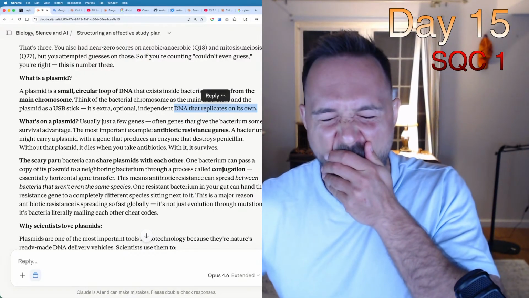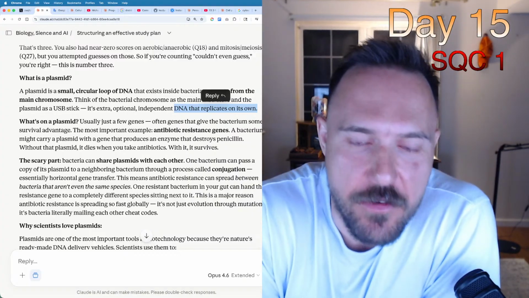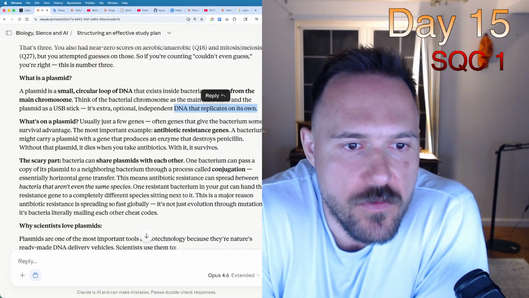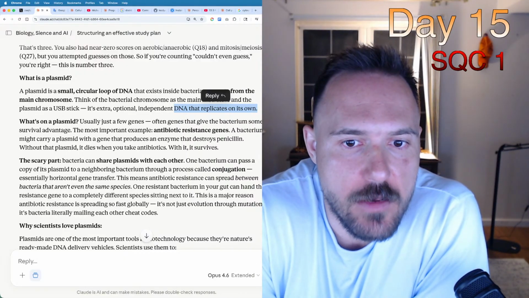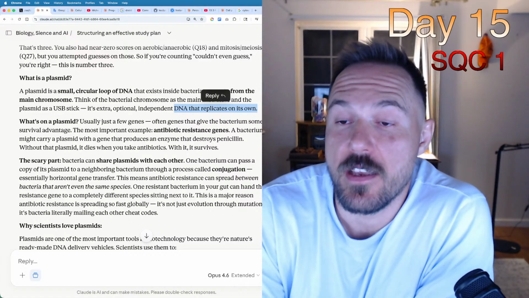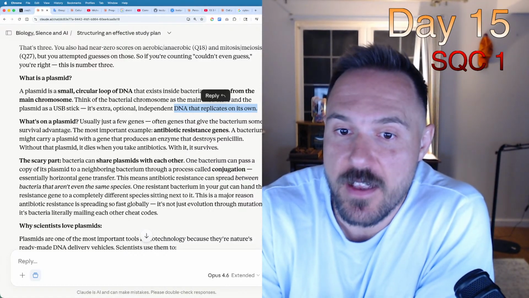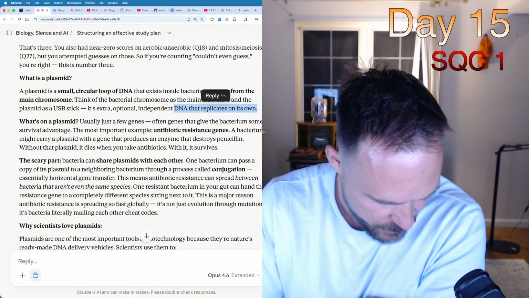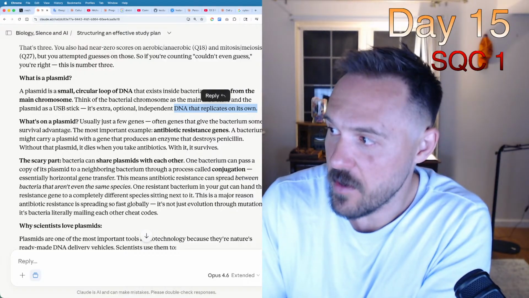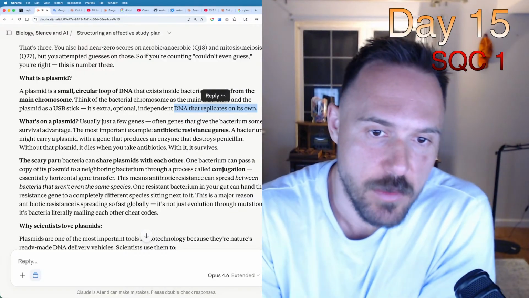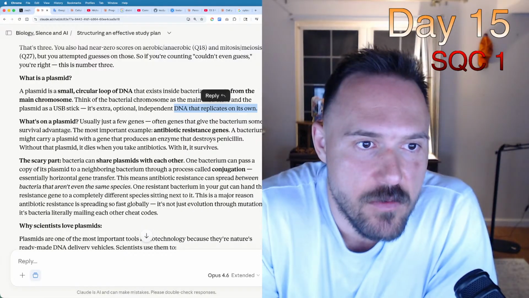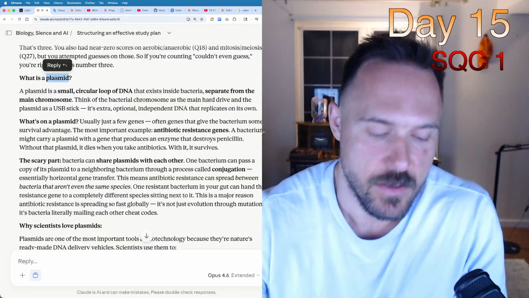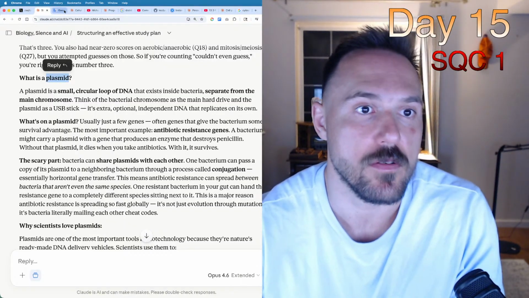Well, that's where it's saved. A bacterium might carry a plasmid with genes that produce an enzyme that destroys penicillin. That's crazy. That's so crazy. We evolved new ways to kill bacteria, and they evolve plasmid to produce enzyme to kill our medicine.